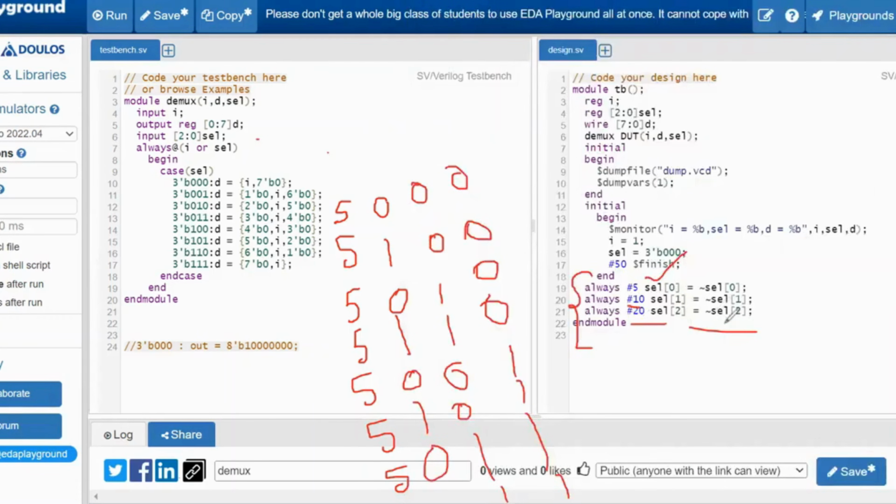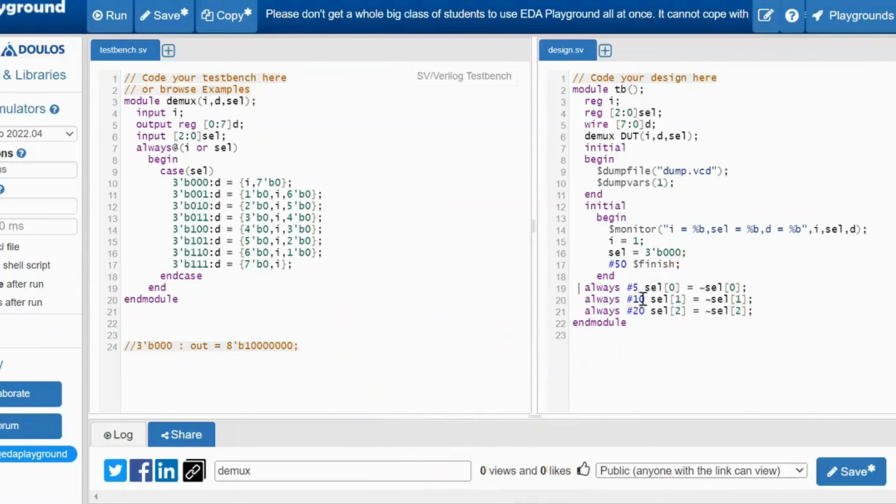Like that, if you want to generate for 16 bits, for every 40 time units it should be complemented, all zeros up to 8 and again all ones. Okay, so this is how you can do it using an always block simply.